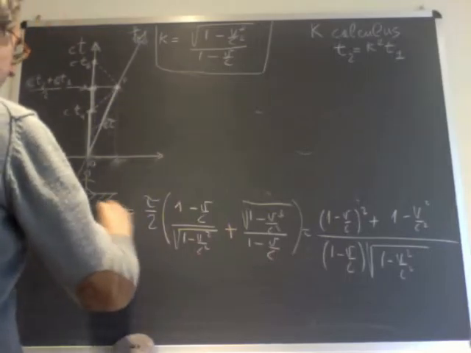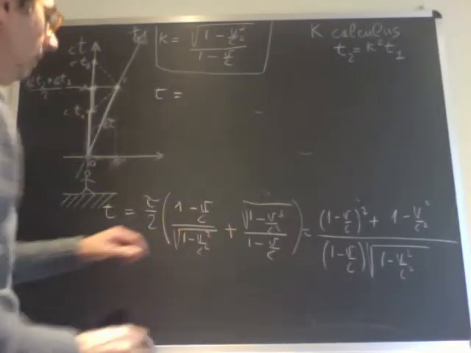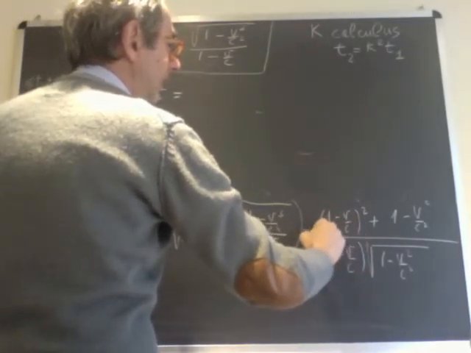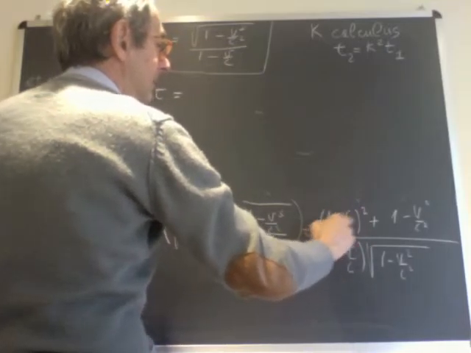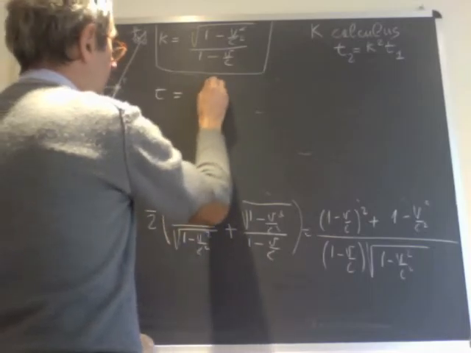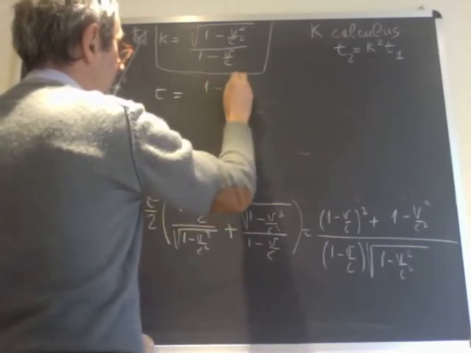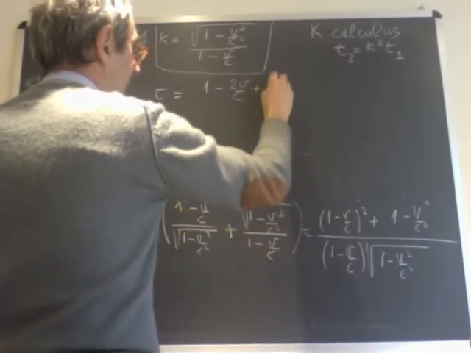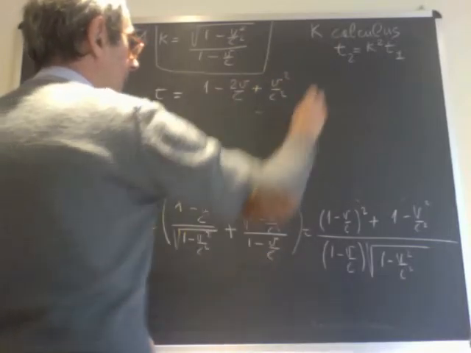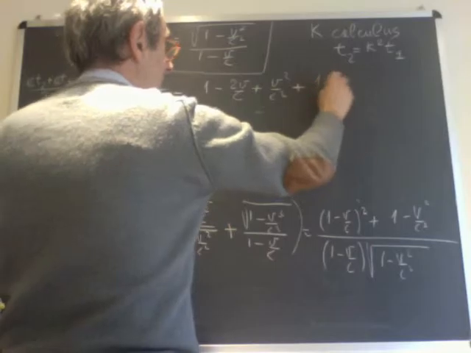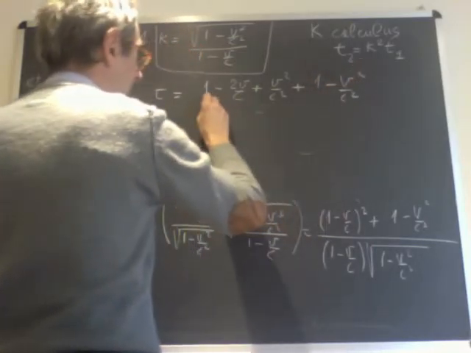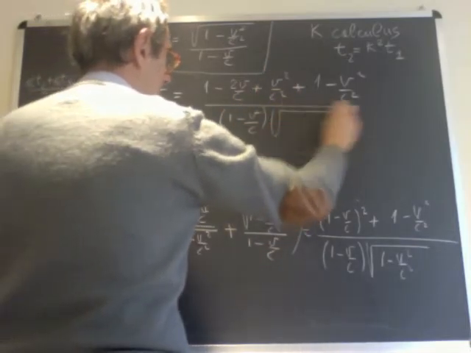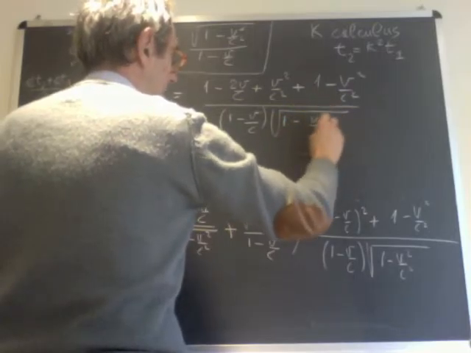This is equal to t. I can develop the square of this term, obtaining 1 minus 2v over c, the double product, plus v squared over c squared, plus 1 minus v squared over c squared, all divided by 1 minus v over c times the square root of 1 minus v squared over c squared.